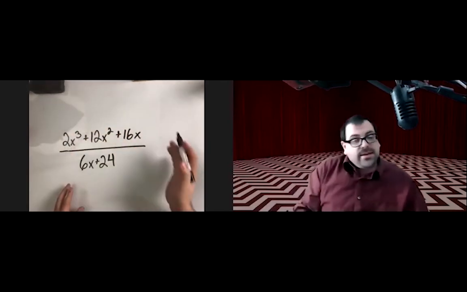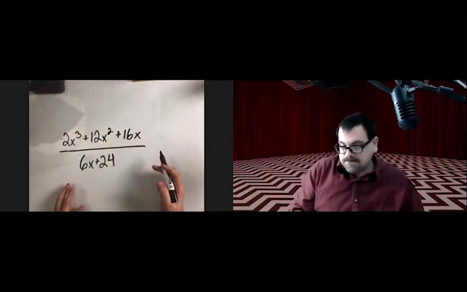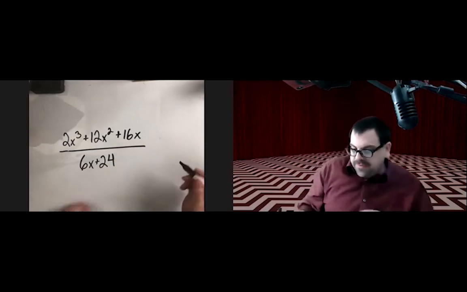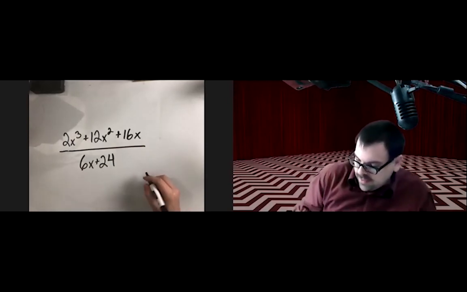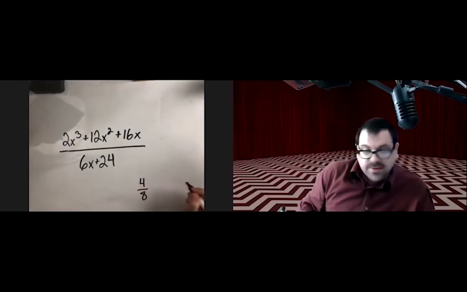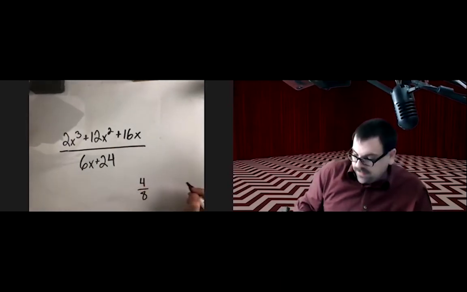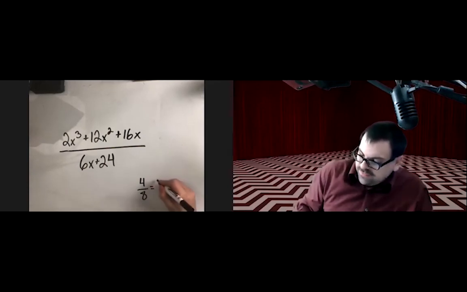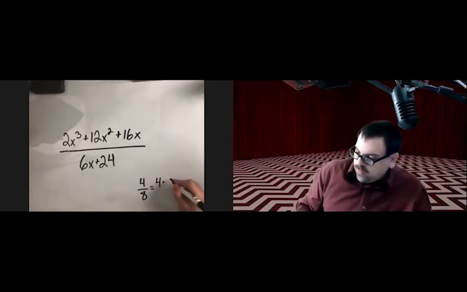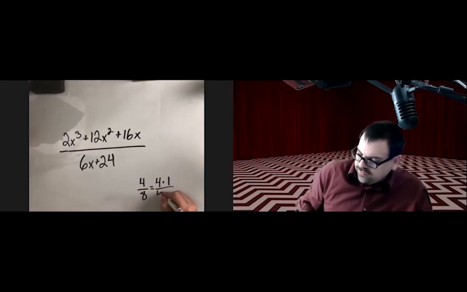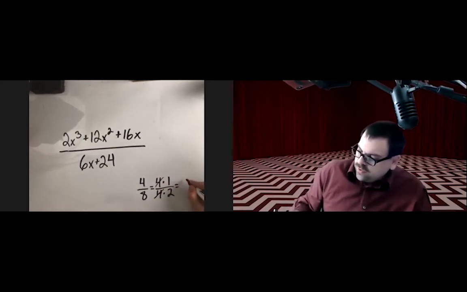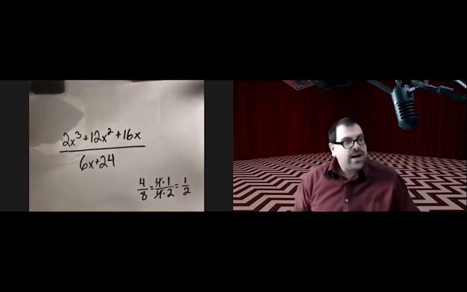Not when it's written like this. If we had the fraction 4/8, it's because this is 4 times 1 over 4 times 2 that we can cancel the 4s and be left with 1/2.